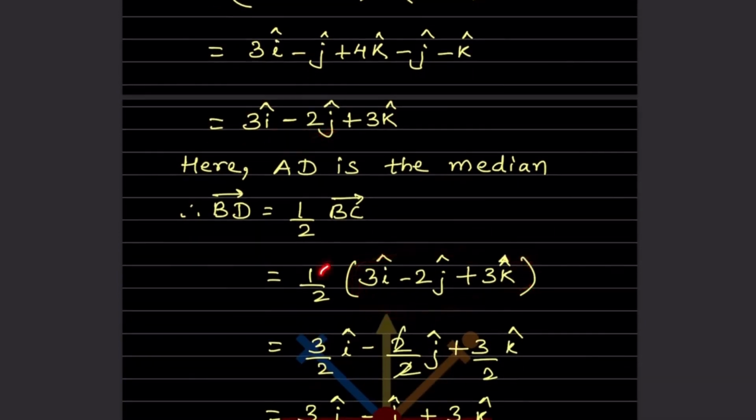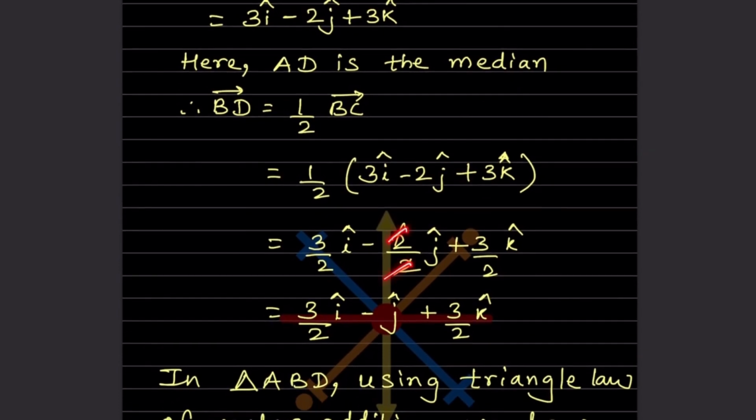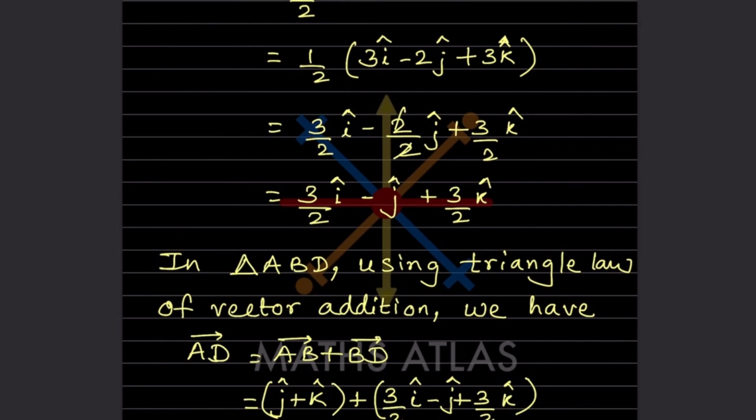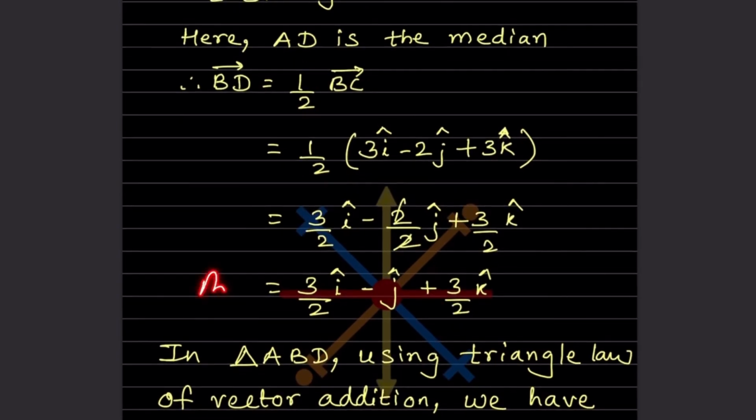So when we expand this one, this will be 3 by 2 i, and this is going to be minus 2 by 2 j, and here plus 3 by 2 k. So now this and this goes off. So 3 by 2 i minus j plus 3 by 2 k. So this we got as BD.